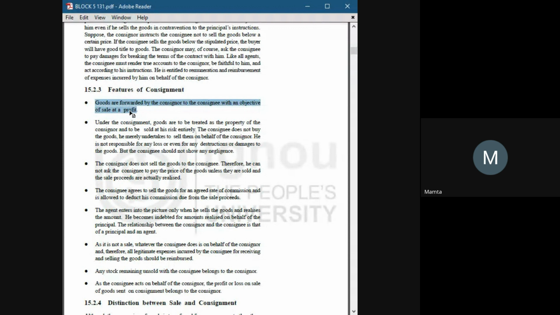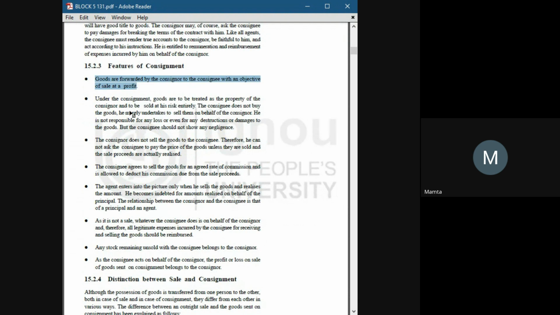The consignee, the agent, will not be responsible for any loss or destruction or damage to the goods. It will be written in the contract that the consignee you are hiring will not be responsible for any kind of loss or damage to the goods, even if they have done the damage. Then also they are not responsible for that damage.